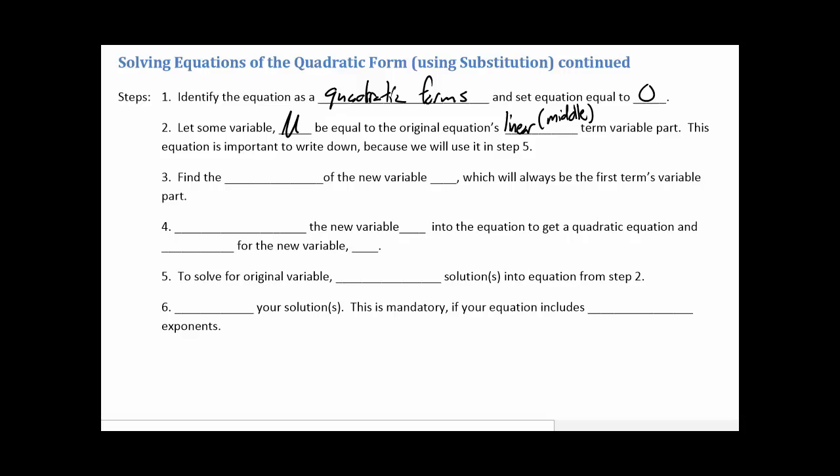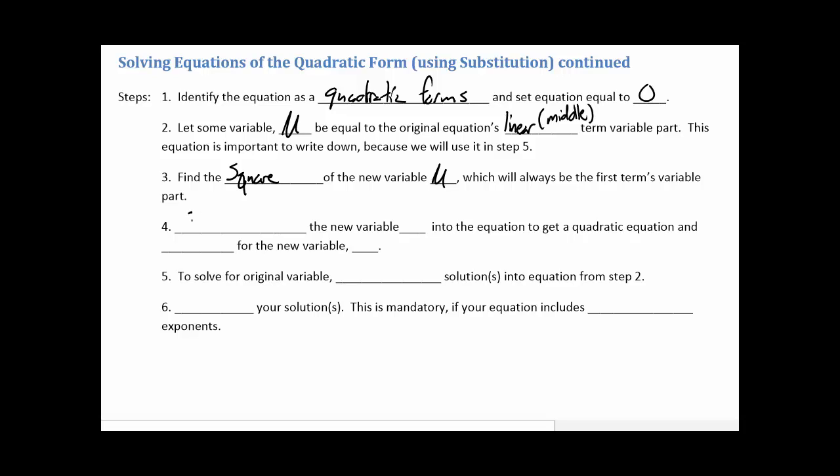Step 3, we want to find the square of the new variable. So in other words, once we figured out what u is, let's figure out what u squared looks like. And if done right, we should see 2 of those expressions show up in the actual problem.